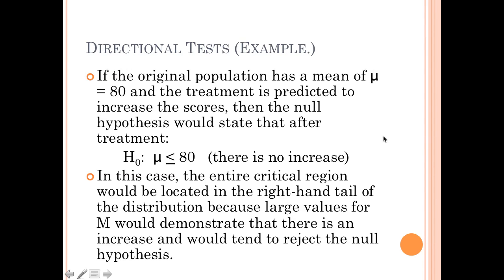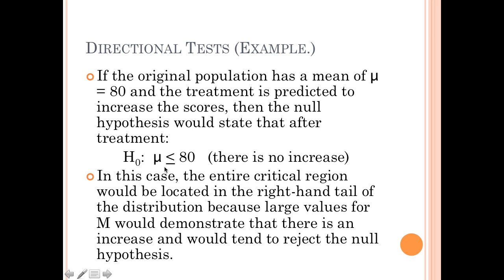So if the original population has a mean of 80 and the treatment is predicted to increase the scores, then the null hypothesis would state that after treatment, you would expect that the mean would be less than or equal to 80. So the alternative hypothesis would be mu is greater than 80.